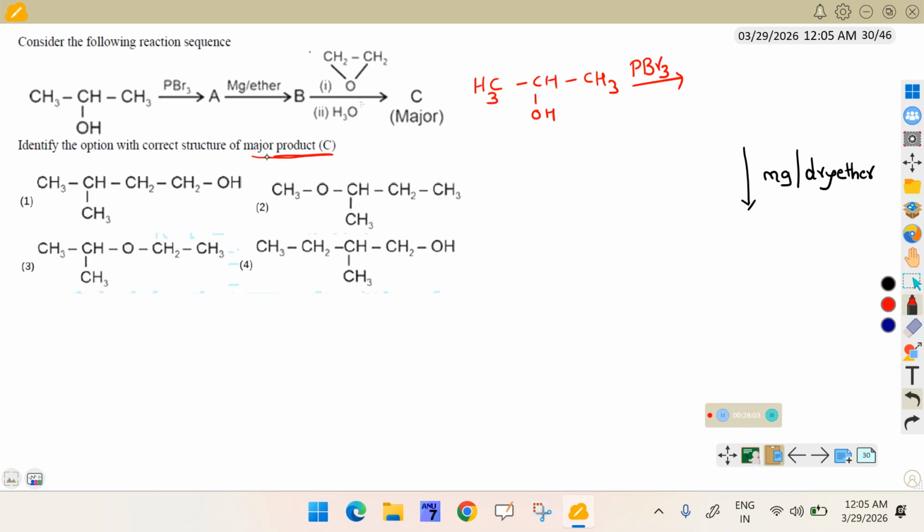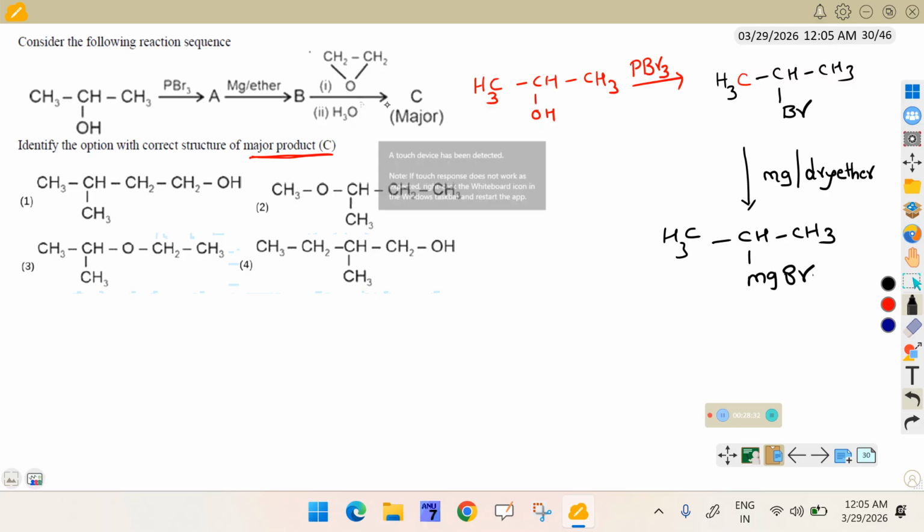Identify major product C. Okay. Alcohol reacts with PBr3, then it gives a haloalkane, CH3CHCH3 with the halogen bromine. Now the haloalkane reacts with magnesium, then it gives a Grignard reagent, CH3CHCH3MgBr.